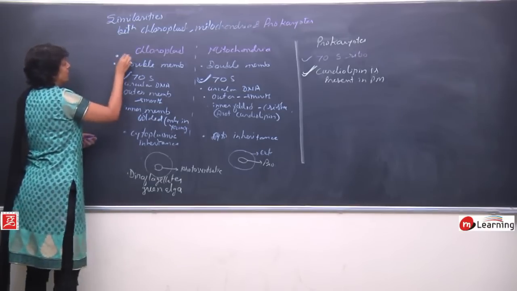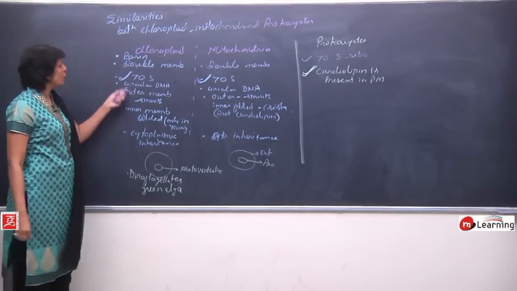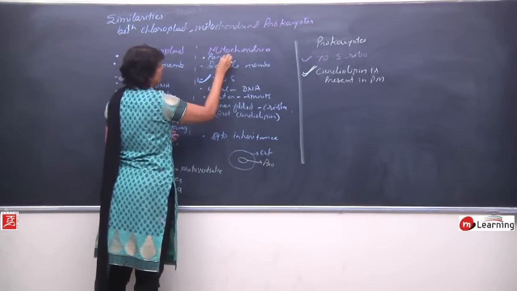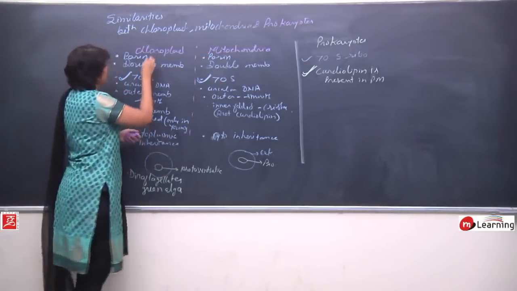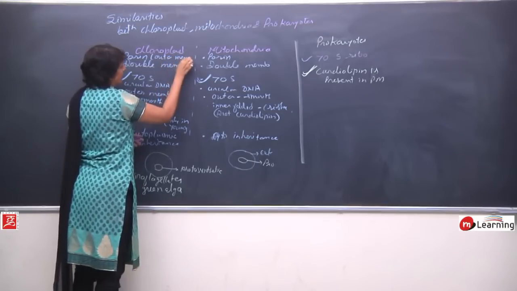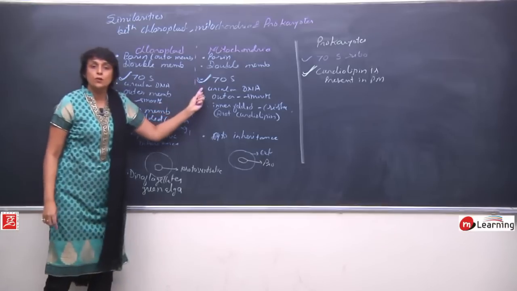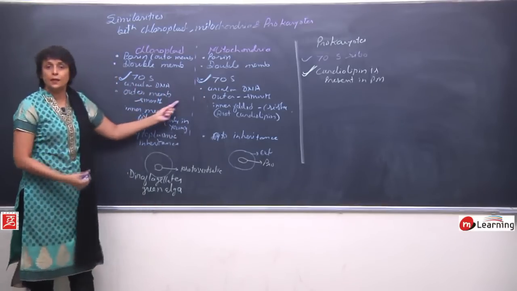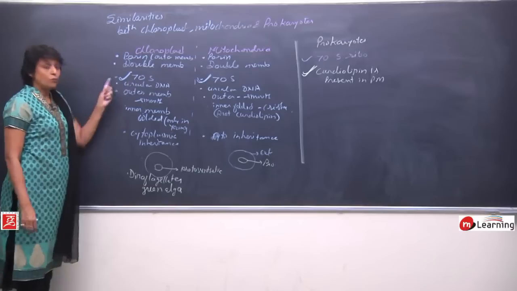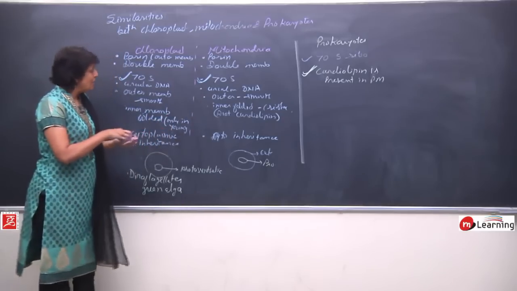One more similarity which we find between these two structures is a protein. Let me write it here. The protein porin, which is found in the outer membrane of chloroplast, is also found in the outer membrane of mitochondria. So porin in the outer membrane, and here also the same. So chloroplast and mitochondria share almost everything which is similar except for their major functions. One more point which they share is ATP synthesis.